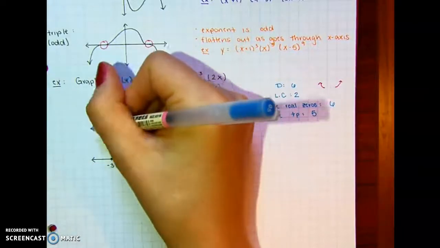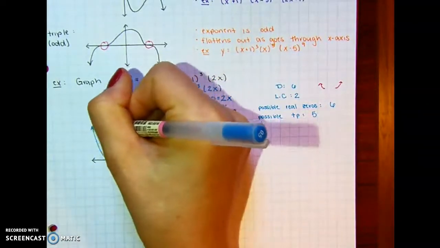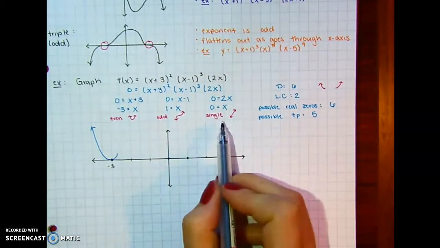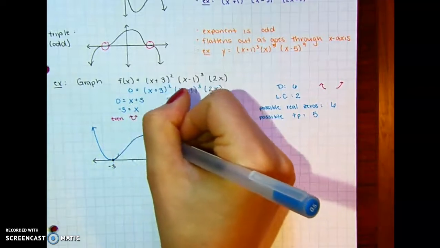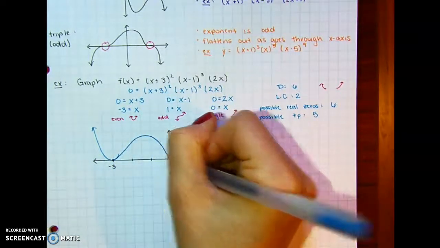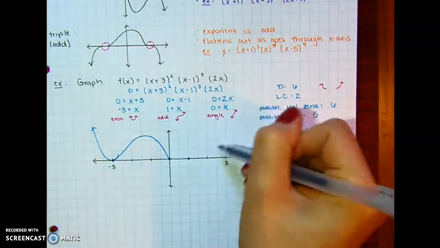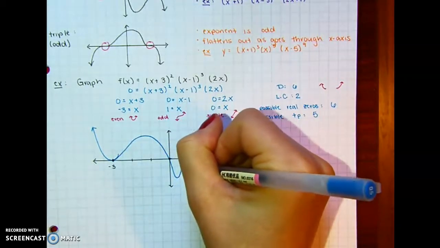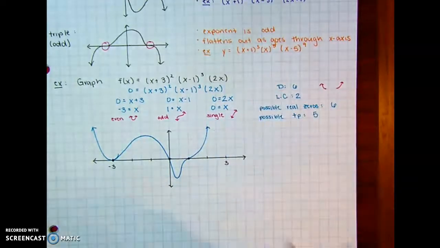So I'm going to come down, bounce off my first turning point. I need to go through over here, and I need to go straight through. And then I need to flatten out over here. It's a tight squeeze, so I'm going to turn, flatten out, and end going up.